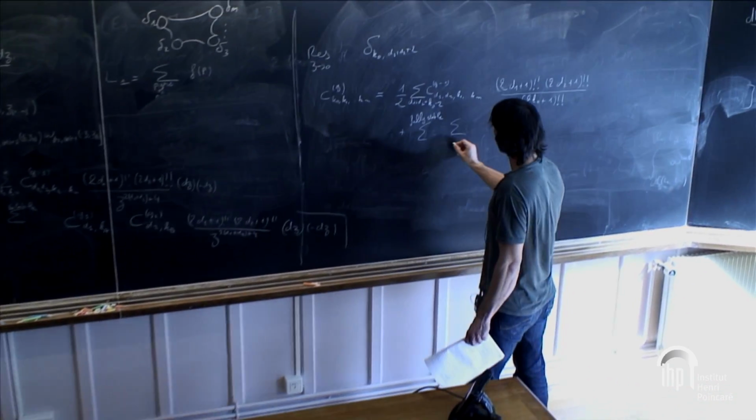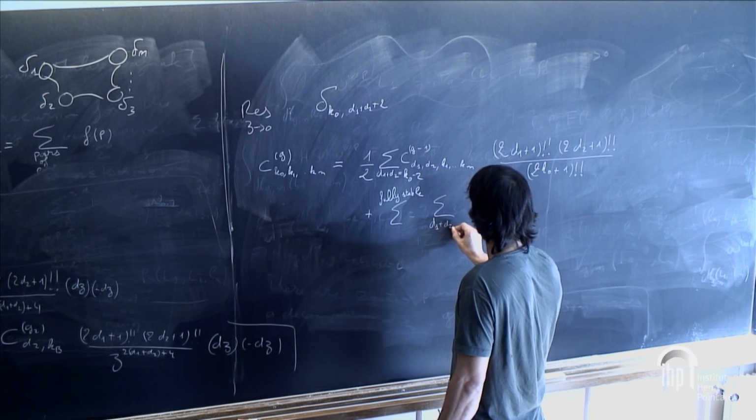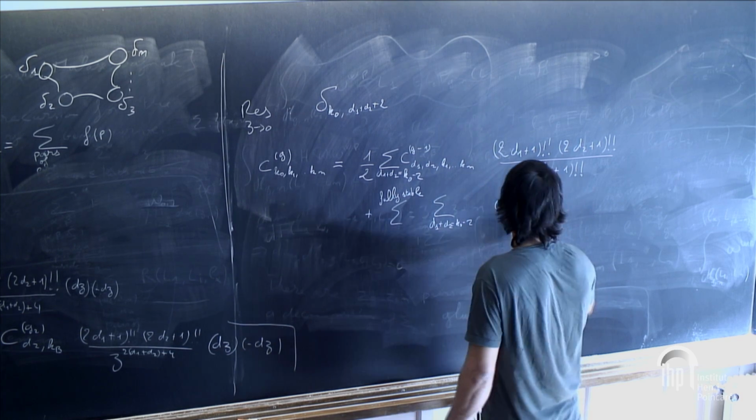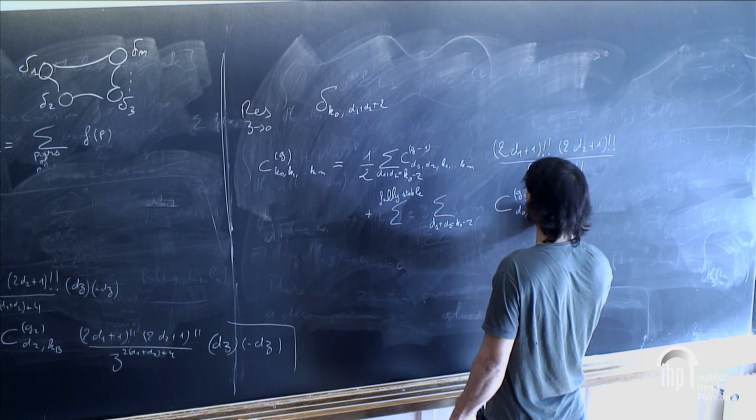If you do that, you just look at exactly the same type of sum, d1 plus d2 is equal to k0 minus 2. And here you just have two disconnected components, but otherwise it's exactly the same as before.